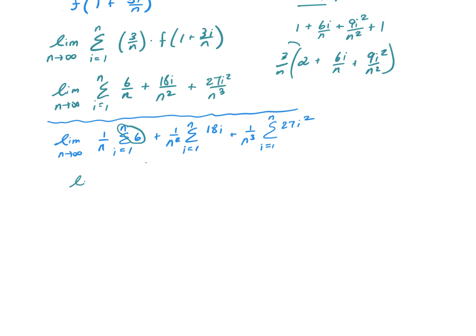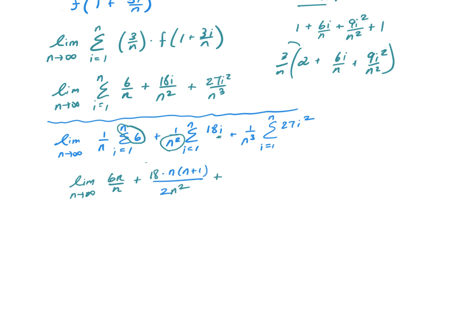So we get the limit as n goes to infinity, so it's 6n over n. Plus, this is my I formula, so it's 18, and it's going to be n plus 1 over 2, and then I'm going to bring back in the n squared.